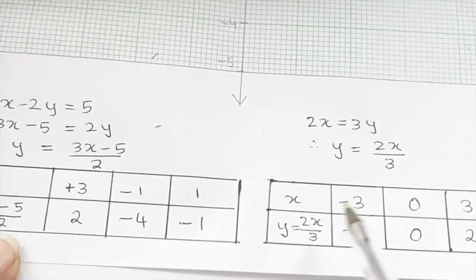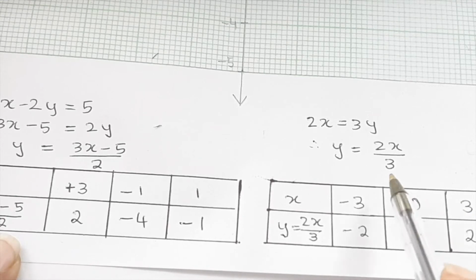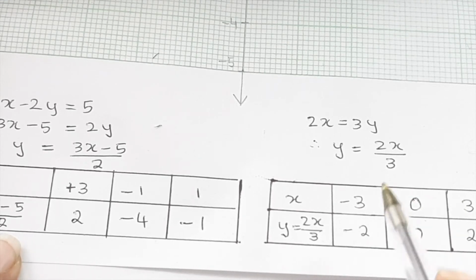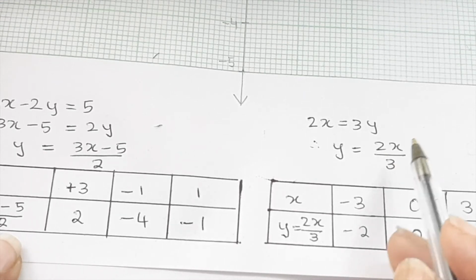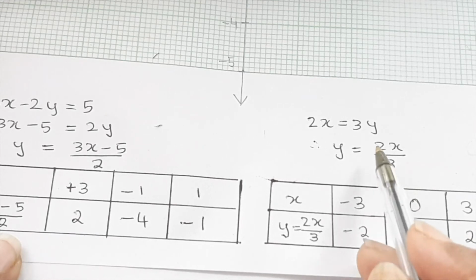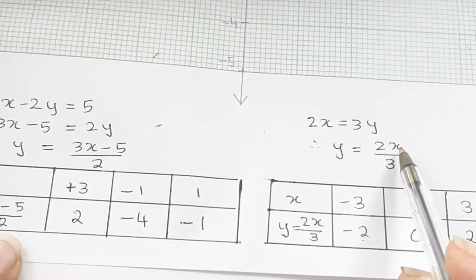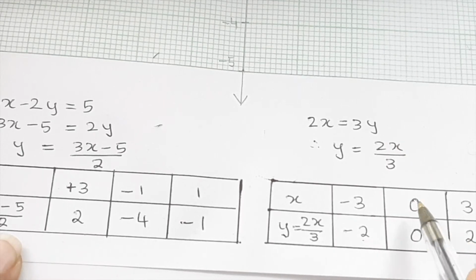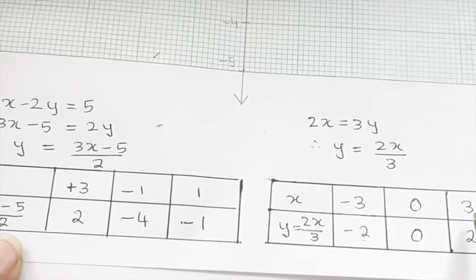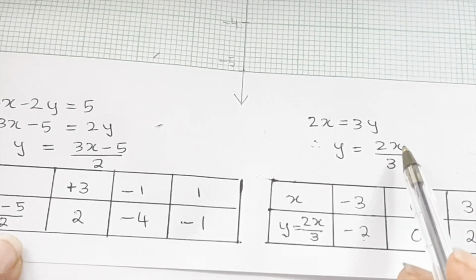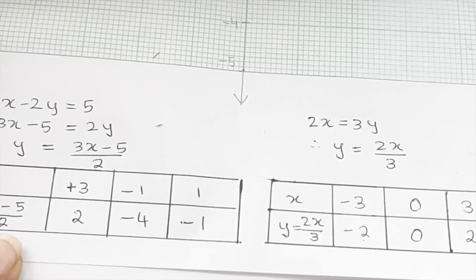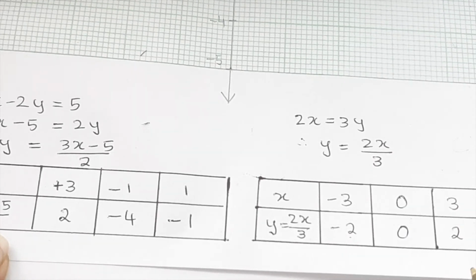Now I have to take x as a multiple of 3 because we have to divide by 3. So 2 into minus 3, the 3 gets cancelled, and we get minus 2. If x is 0, 0 upon 3 will be 0. When x is equal to 3, then 2 into 3, the 3 gets cancelled, and you will have 2 as the value of y.